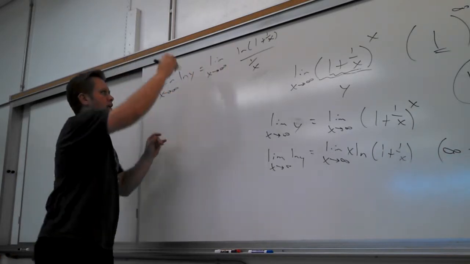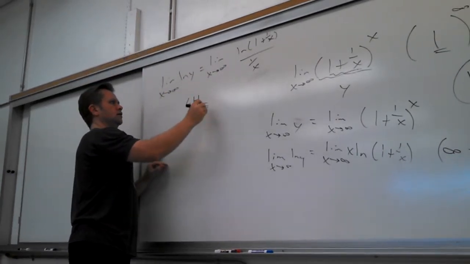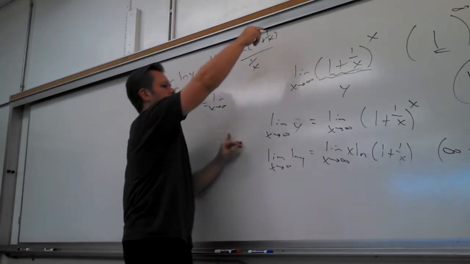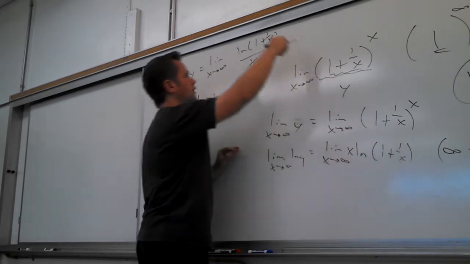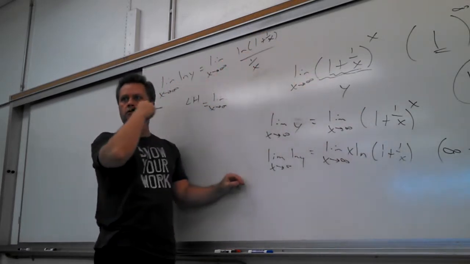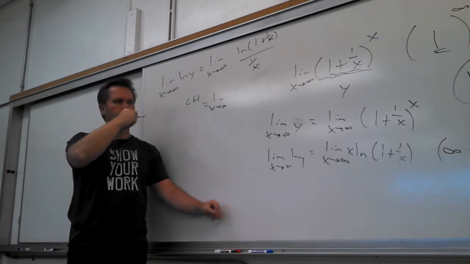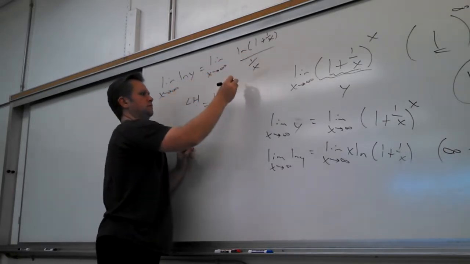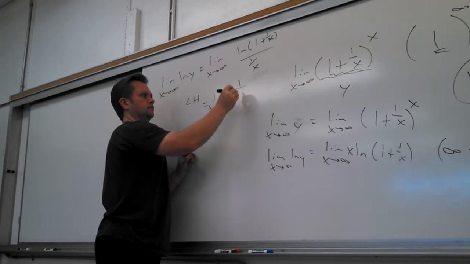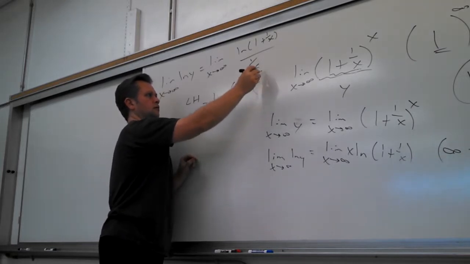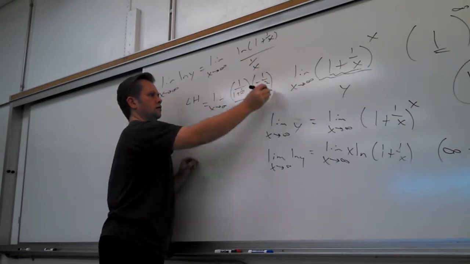All right. So how does L'Hopital's work now? Because now it's in the form, it was infinity times 0, now it's 0 over 0, right? And so now what's the derivative of the top? 1 over 1 plus 1 over x. Good. Times negative 1 over x squared. Okay.